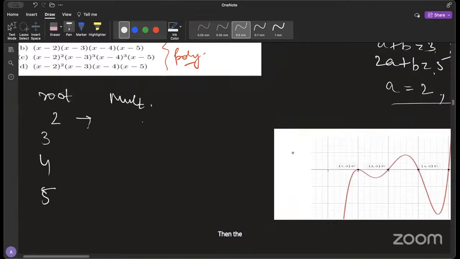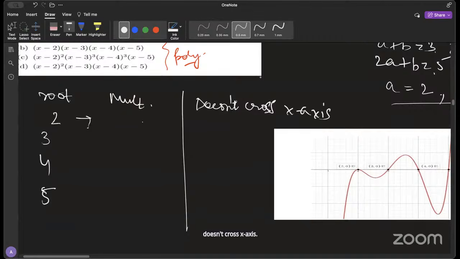Then the multiplicity of root 2 is even because it doesn't cross the x-axis, right? If it doesn't cross the x-axis, this means even multiplicity.